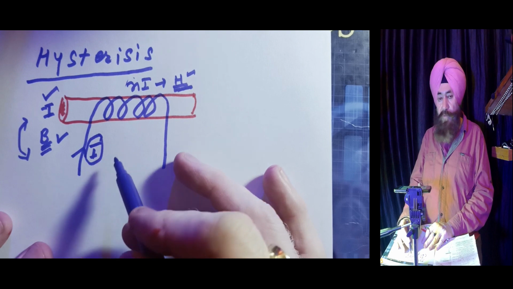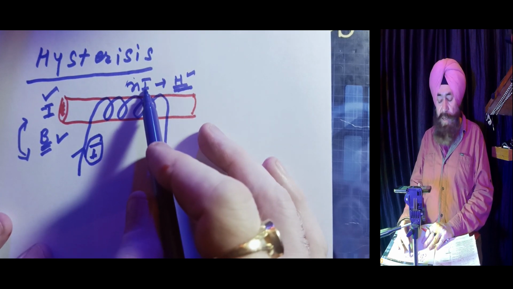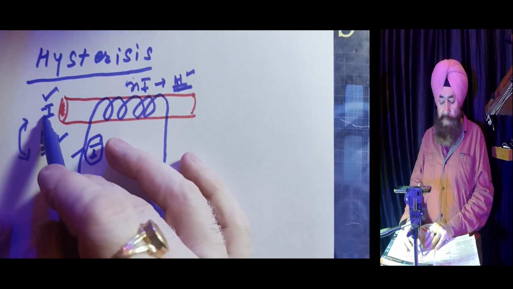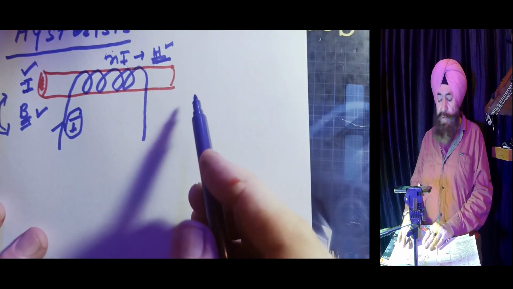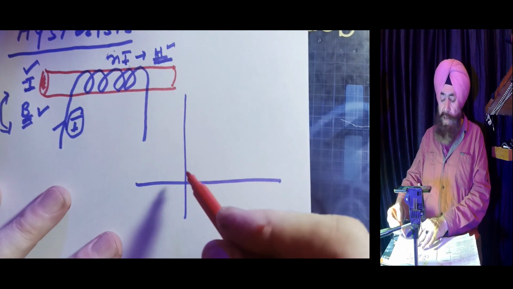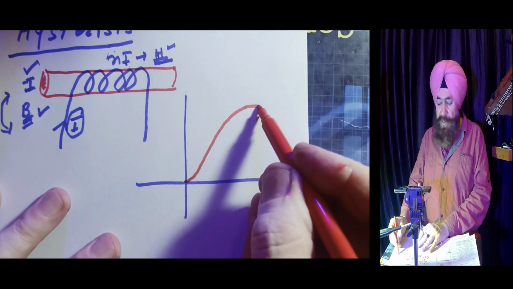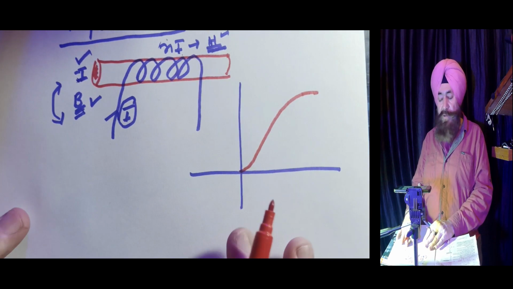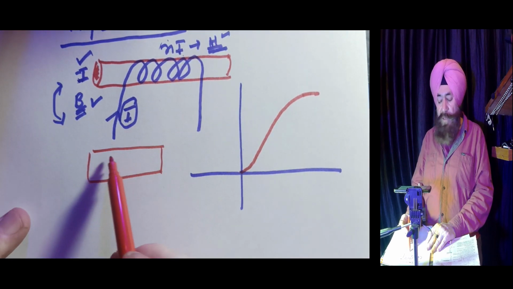First of all, let me show you the graph. With increasing current, meaning increasing H, I measure the value of I or B, and then I plot a graph. The graph will be like this: first it increases, then becomes constant. Why does it become constant? You know well, because this is a ferromagnet.